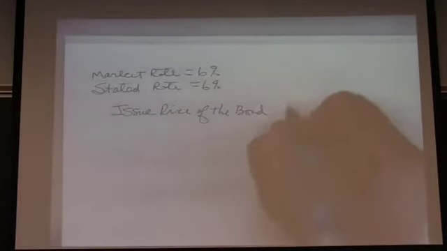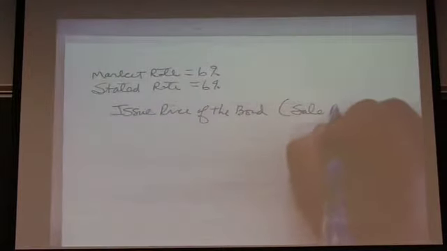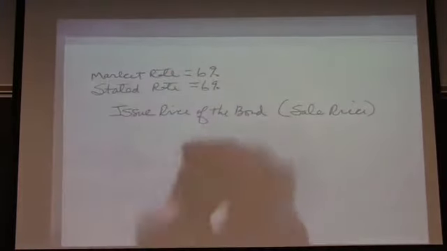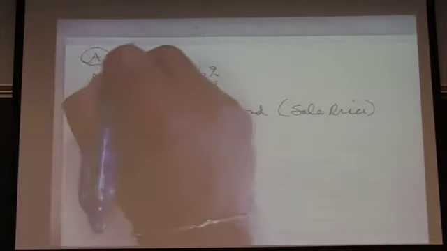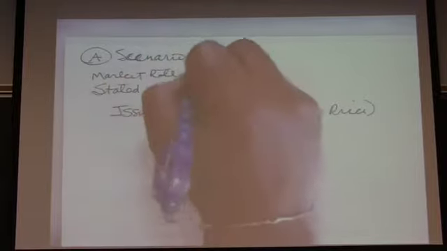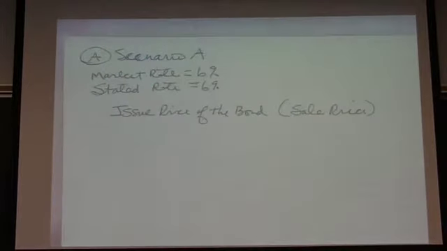And the issue price is the same thing as the sale price. So this is our first scenario. We're going to call this scenario A. Okay? So in scenario A, we're going to assume that market rate equals stated rate.